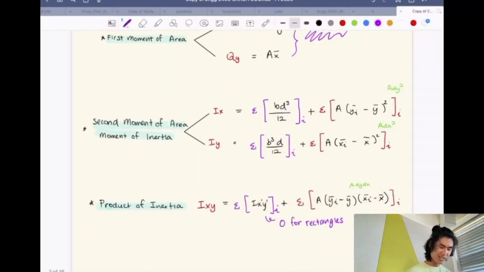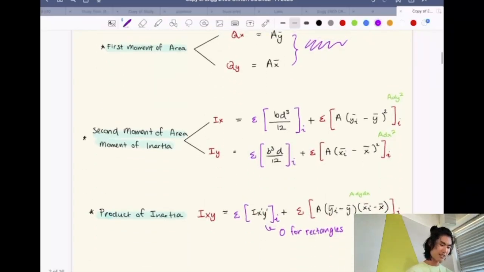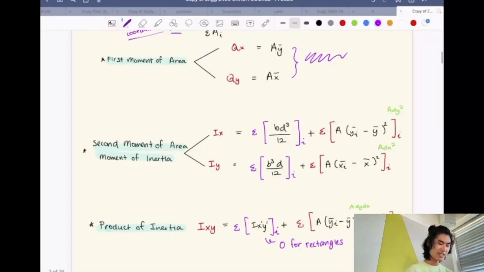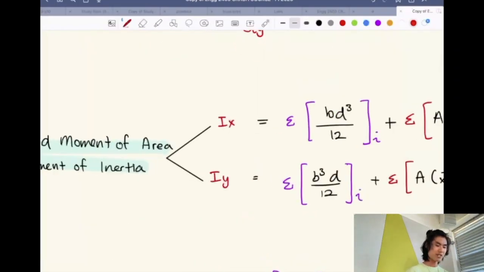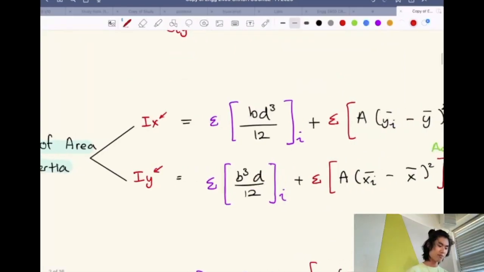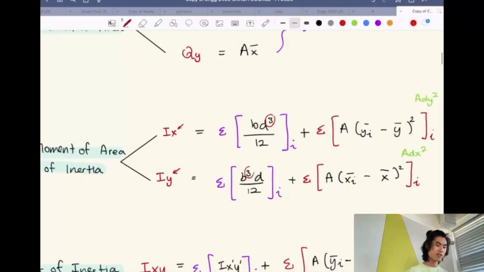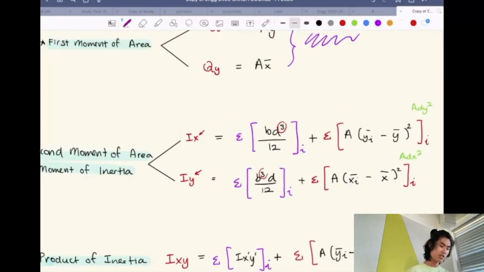Now, the part that's a little bit more confusing is the second moment of area. These are just formulas that you need to get to know. The second moment of area changes for both x and y. You'll notice there's going to be a cubed part, and it changes depending on which dimension you're looking at.